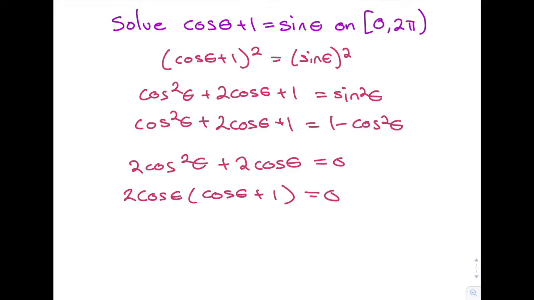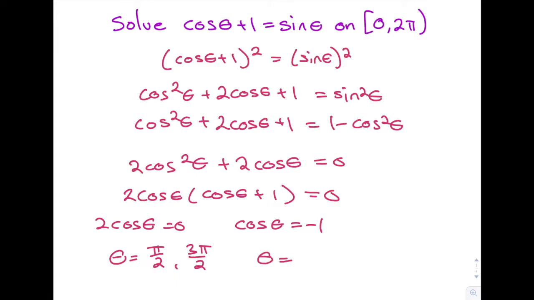And now the question is, what angles theta make cosine theta equals 0, or cosine theta equal -1? So for the first factor, 2 cosine theta, the angles theta on the interval 0 to 2 pi that make 2 cosine theta equals 0 are pi over 2 and 3 pi over 2. And then the angle that makes cosine theta equal -1 is obviously pi.